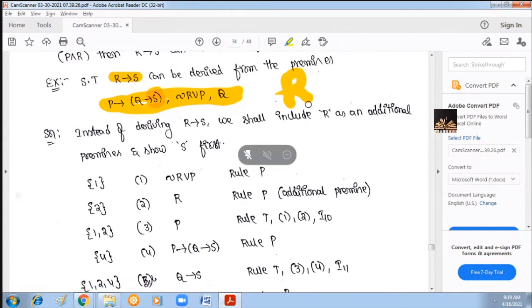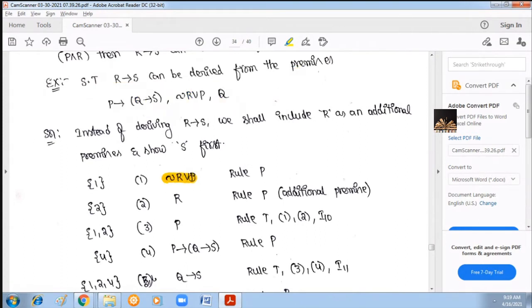Right? See here. First take one premise, negation R union P, using rule P from the given set of premises.